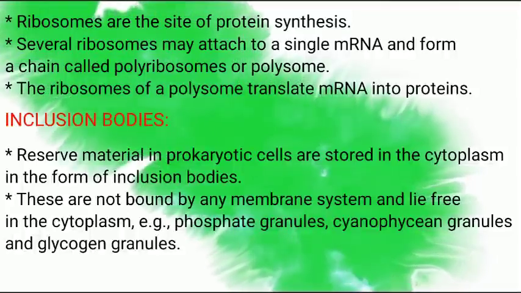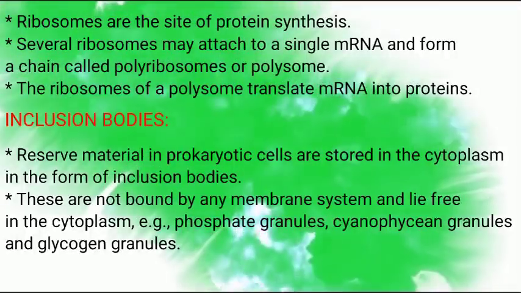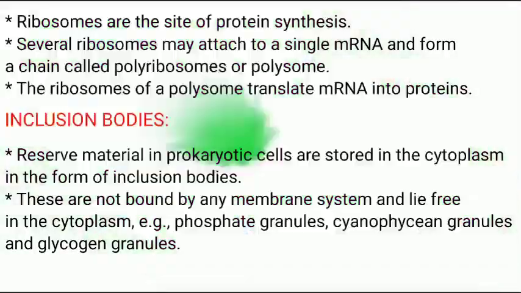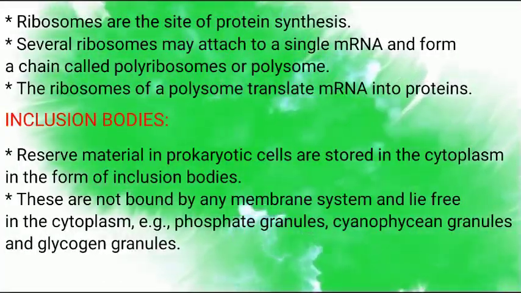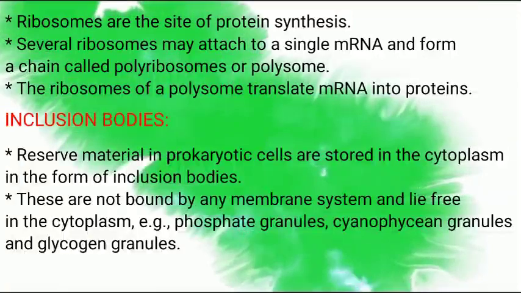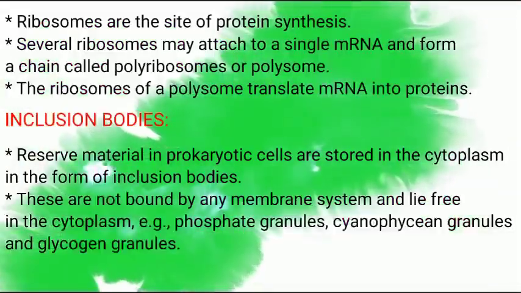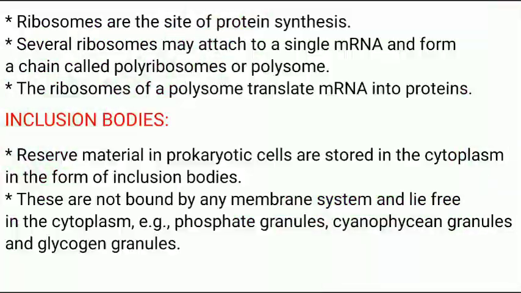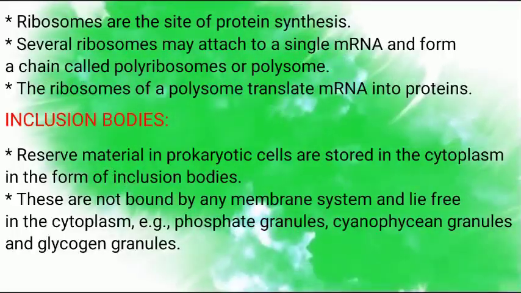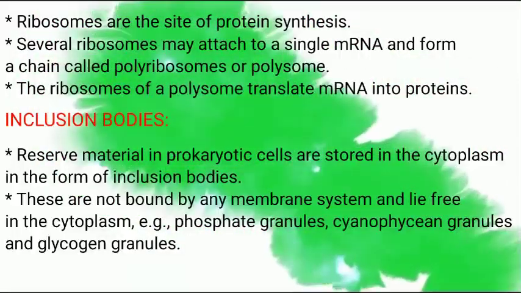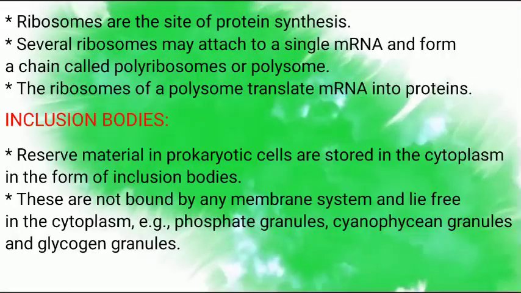The reserve food material in prokaryotic cells is stored in the cytoplasm in the form of inclusion bodies. These inclusion bodies are non-membrane bound organelles and lie freely in the cytoplasm. Examples: phosphate granules, cyanophycean granules and glycogen granules.